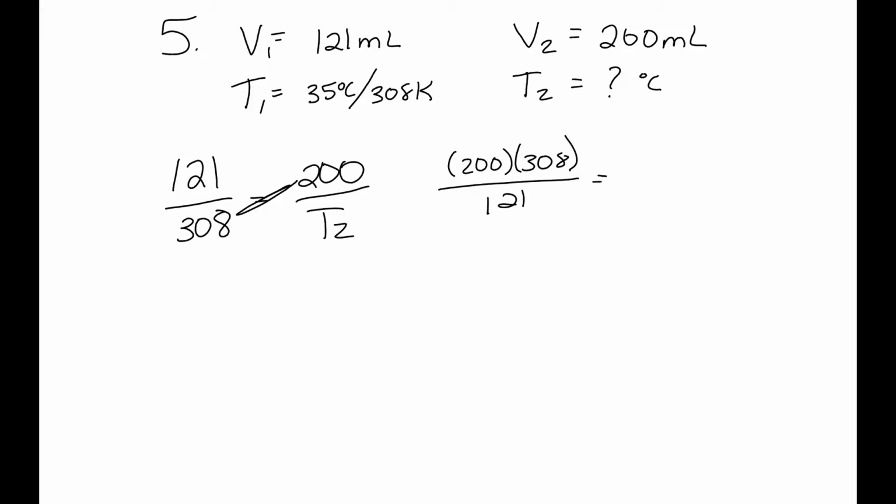And I get 509 K. Now, to go from Kelvin to Celsius, I have to subtract 273. When I do this, I get 236 degrees Celsius. Woohoo, that's hot. 100 degrees Celsius is the boiling temperature for water. We've really made this gas hot. Okay? So, not too bad.